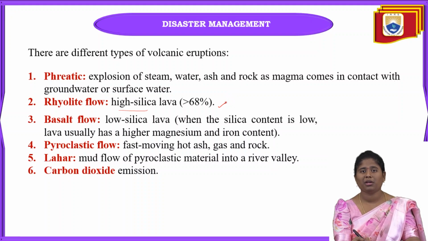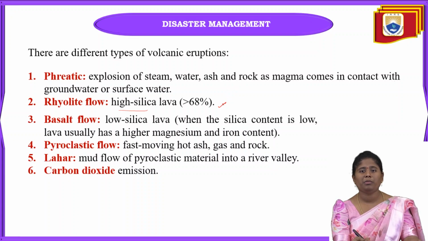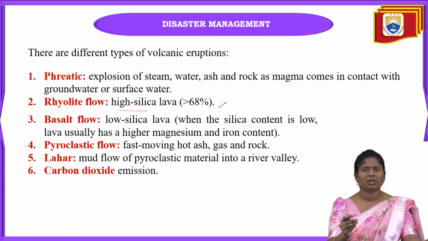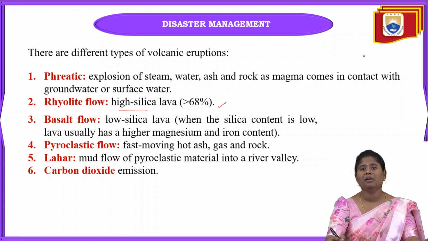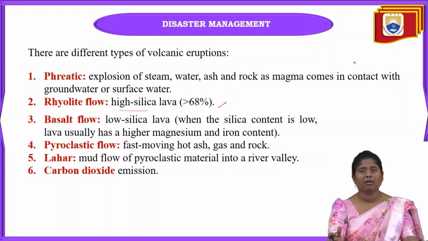Okay. And next one is basalt flow. In this basalt flow there will be low silica lava. Here the silica content will be low, but it will have higher amounts of other minerals like magnesium and iron. Magnesium is present in high volume in this basalt flow.